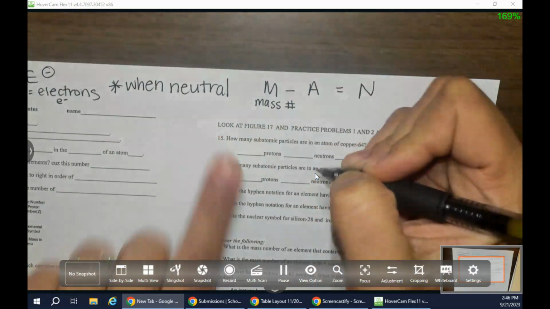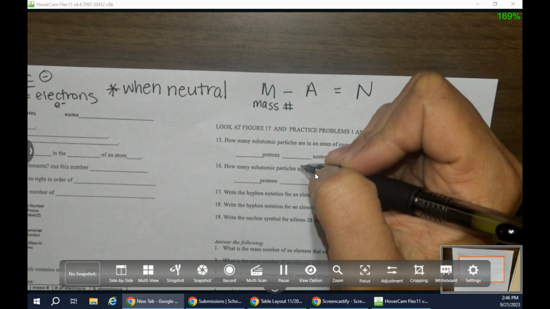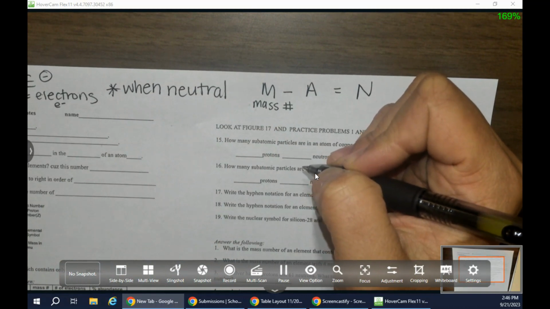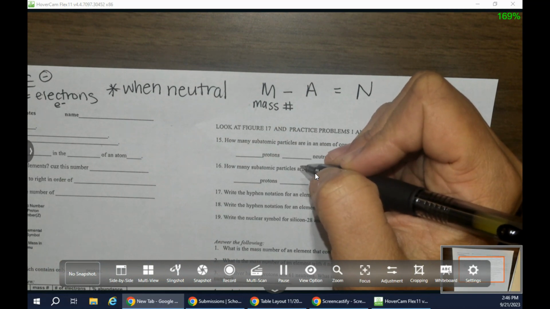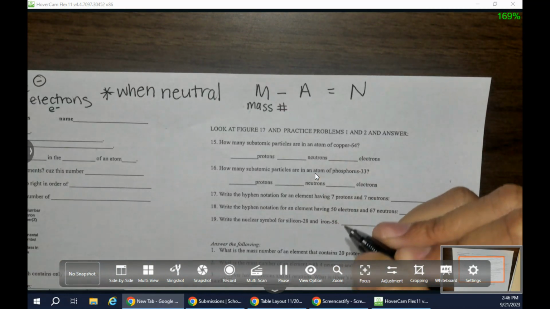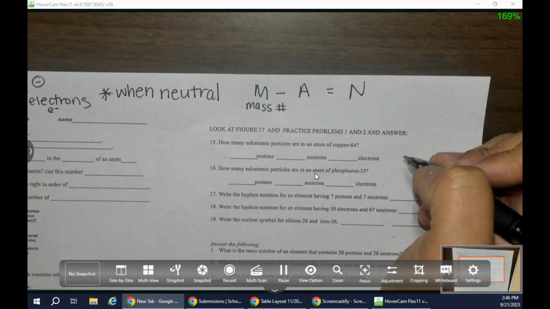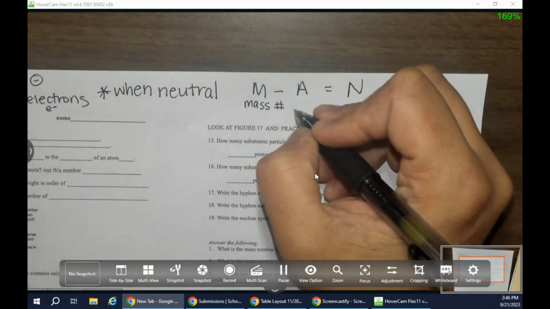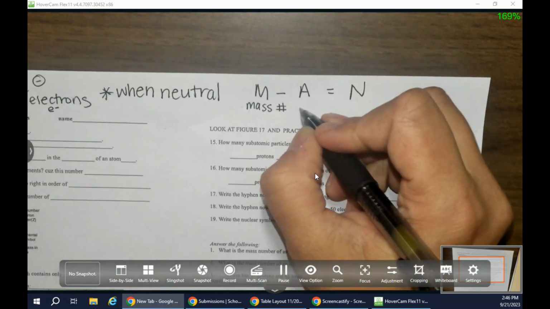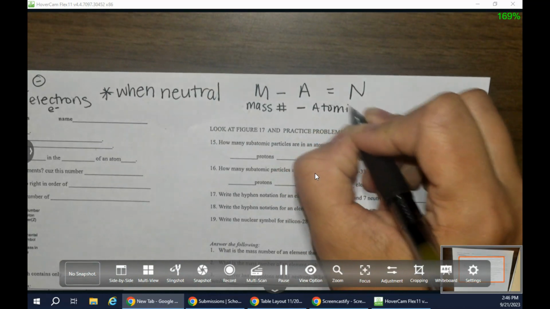We're going to get a little more specific. It's called a mass number because it's not your average atomic mass, so it is not the number that's on the periodic table. It is actually more of a counting number. It's going to be a whole number. Mass number minus A, which is still atomic number.